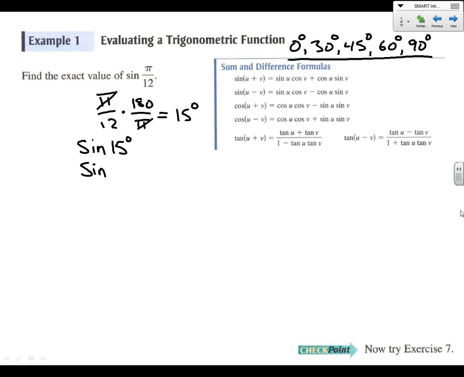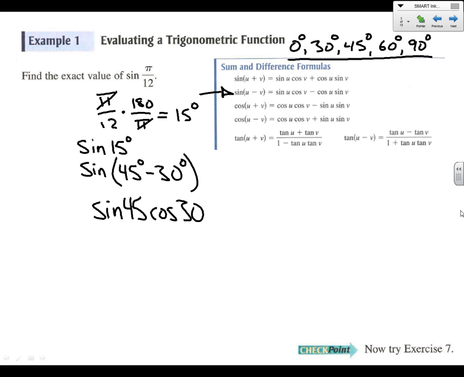So the sine of 15 is the same thing as the sine of 45 minus 30, and then we can use the formula for the sine of u minus v: the sine of u times the cosine of v, minus the cosine of u times the sine of v.